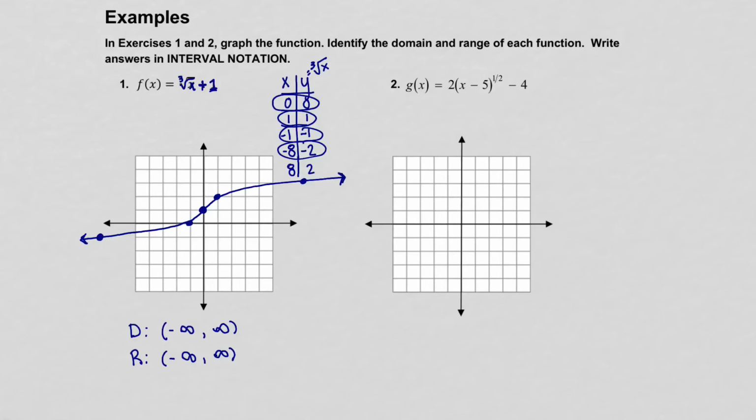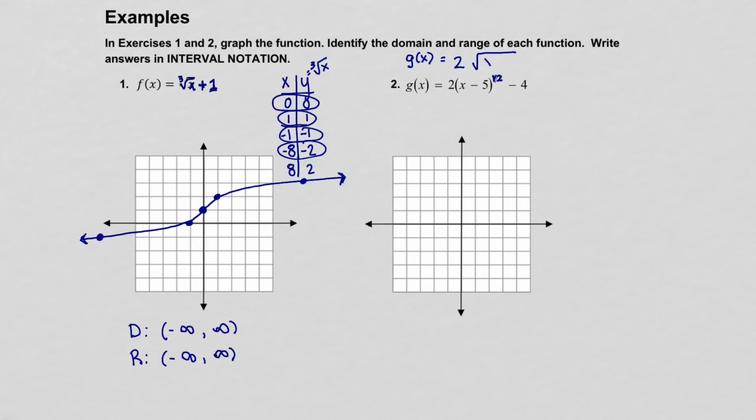Okay, so now this one looks a little bit different because so far all of these notes we've dealt with something that had that radical symbol in it, and this doesn't. So I could get a little confused, but I'm not going to, because I'm going to recognize that anything to the 1/2 power is the same thing as square root. So for the sake of me being able to do this in a way that's more comfortable for me, because it's what I just dealt with, I'm just going to rewrite it.